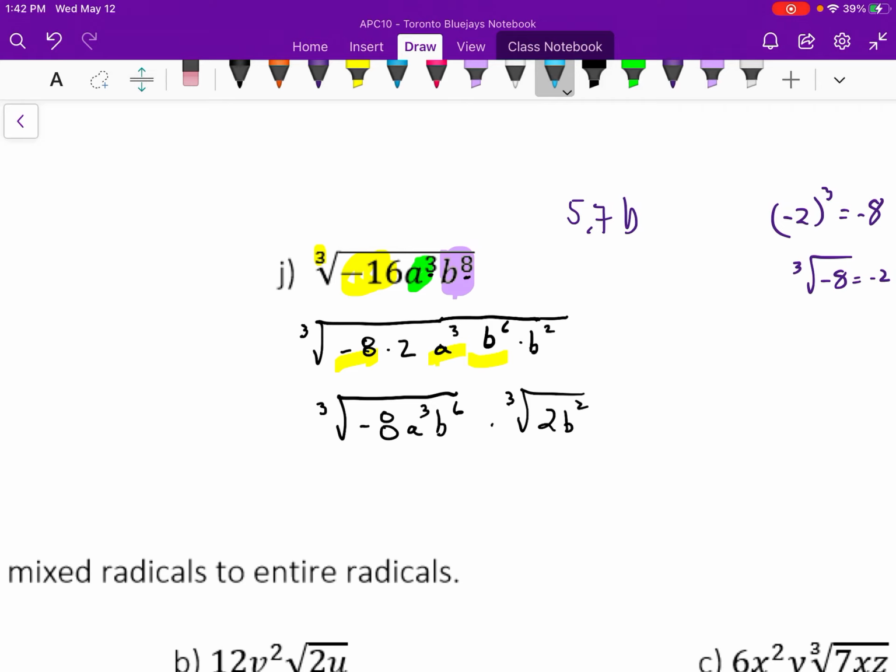The cube root of negative 8, a to the power 3, b to the power 6 is negative 2ab squared, times the cube root of 2b squared. And often this will just be written like this.